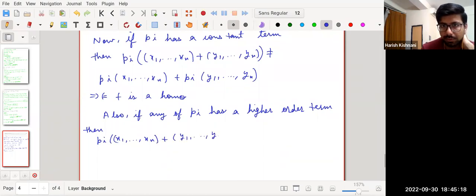Then this won't be linear, right? Because to respect the linearity, you must have linear polynomials.